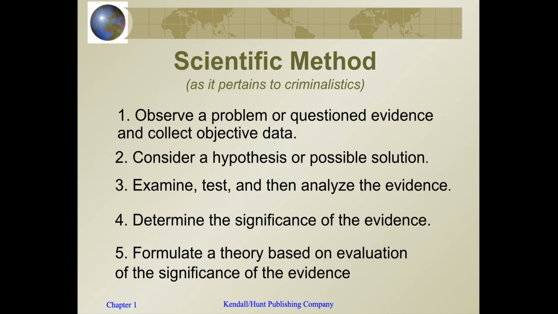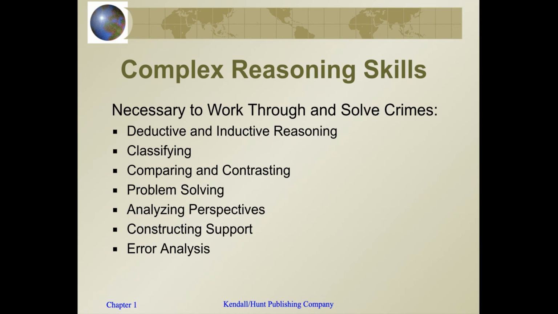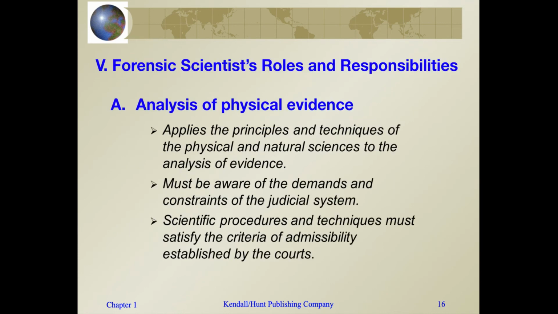But like I said, they're used interchangeably. Forensic scientists need to ideally reconstruct the events that left the evidence where it was. So these complex reasoning skills are quite important.